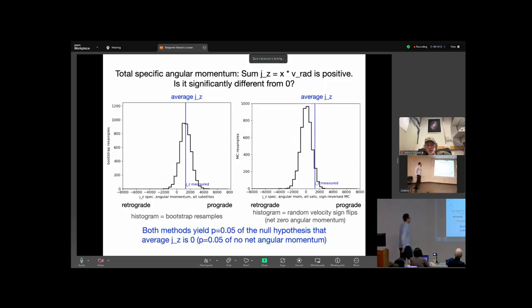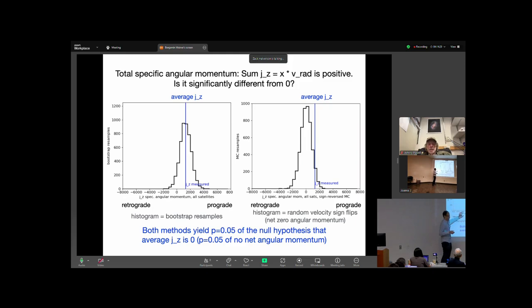And I did a statistical test, actually 2 statistical tests, to ask this question. So I took the specific angular momentum, I summed it up for the satellites, I found some number that is a little bit positive, and then I did 2 things here.